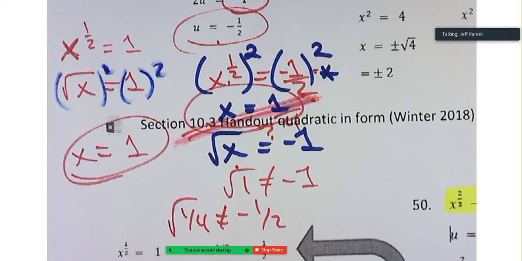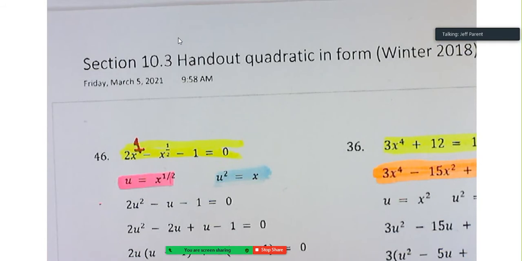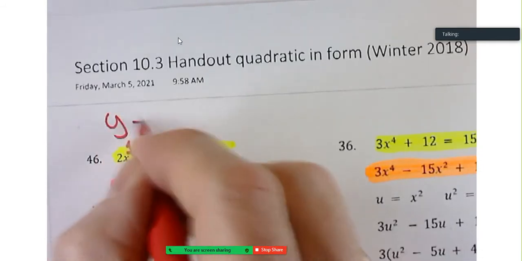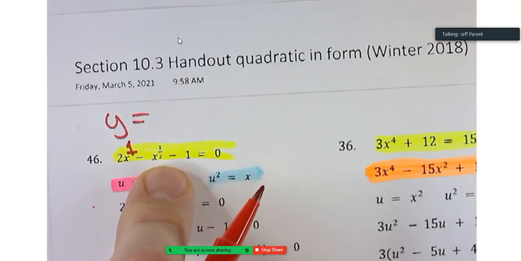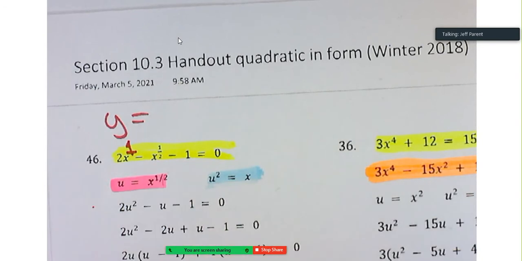Appreciate that. Well, let's take a look at the graph of this. Like what I did with the last section, I'm going to graph y equals that mess, and let's just see what happens.